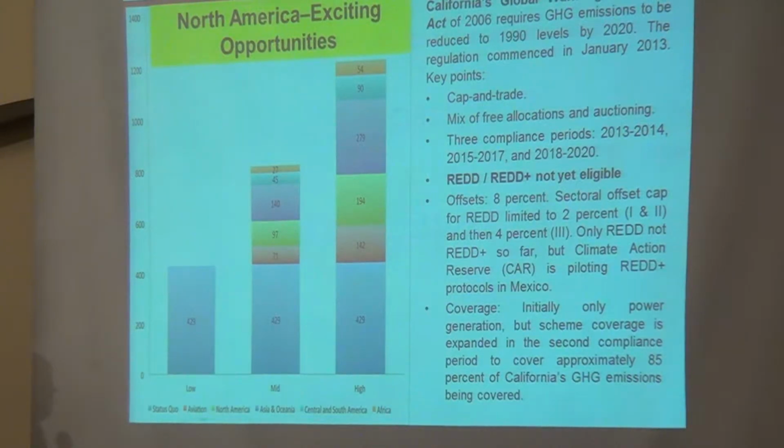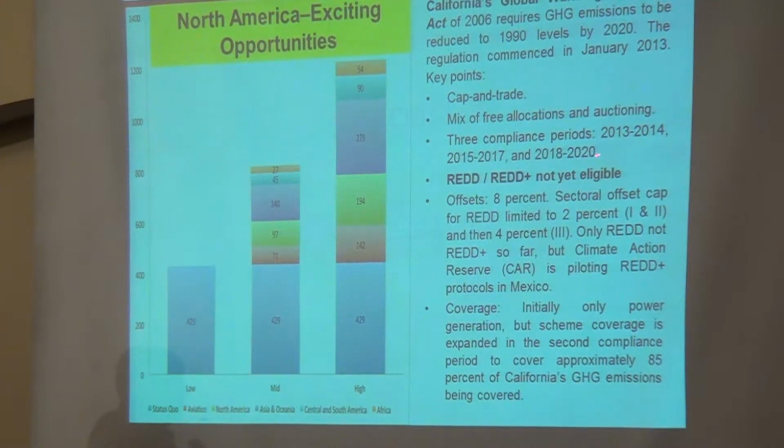For those of you who are not familiar with what's happening in California, California has a cap and trade scheme. We've got a number of Californians here who can probably talk in more detail than I can on this, but at the moment, there's a mix of free allocations and auctioning. What that means is the allowances are partially auctioned and partially given away for free.